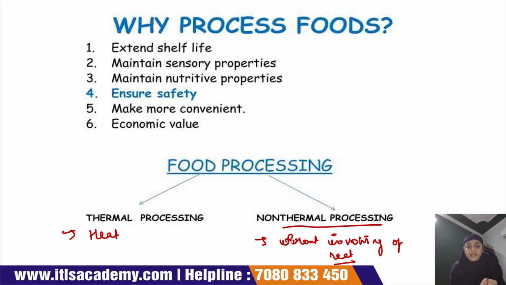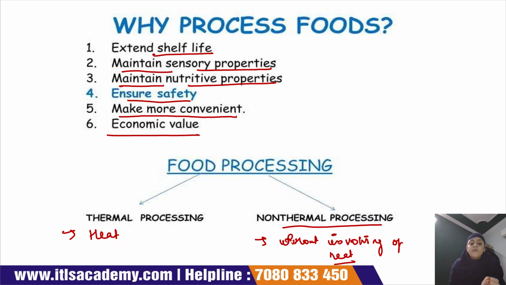Why processed food? It extends the shelf life, maintains the sensory properties, maintains the nutritive properties, ensures safety, and gives more convenience and economic value. Food processing is divided into two categories: thermal processing and non-thermal processing.